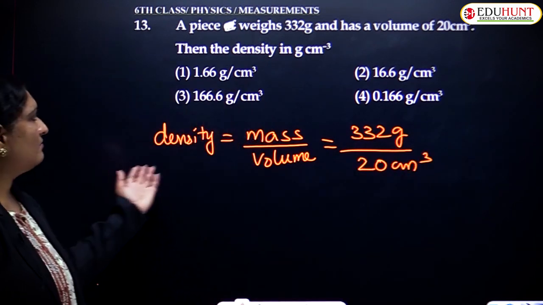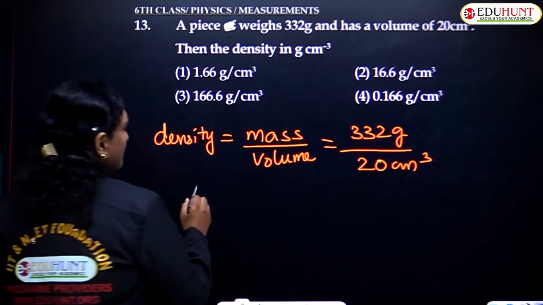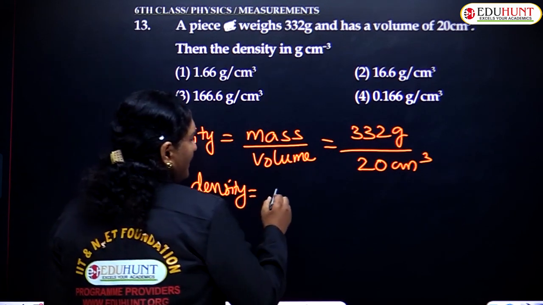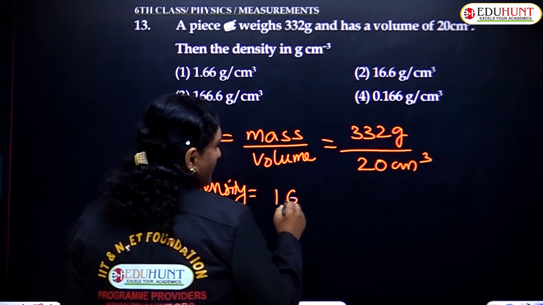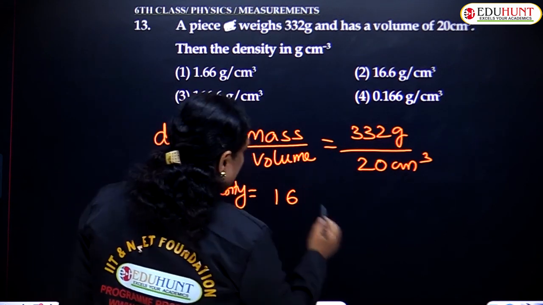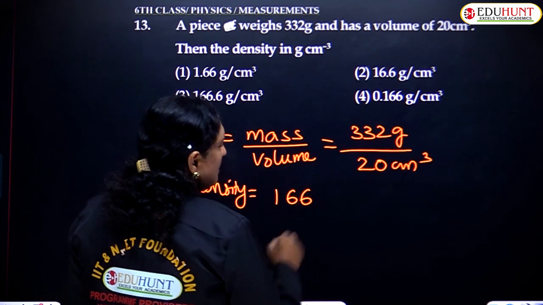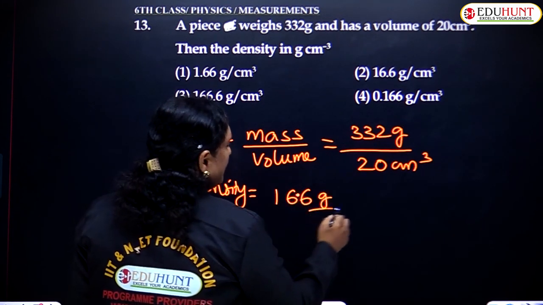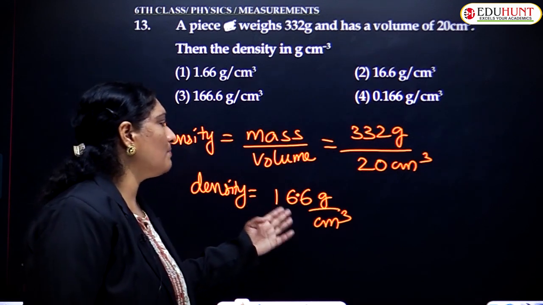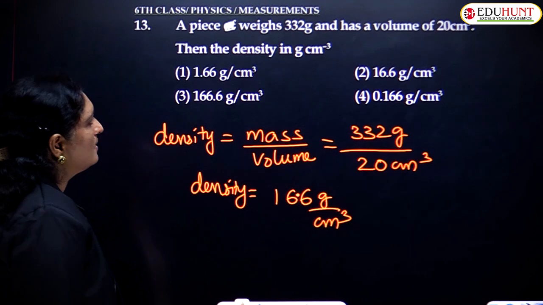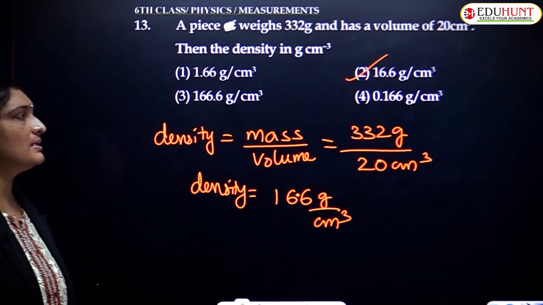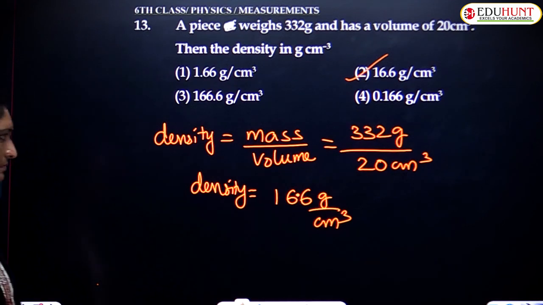So find out the density. Simplify it. Therefore, the density of the given piece will be 16.6 gram per centimeter cube. So 332 upon 20 is 16.6 gram per centimeter cube. So that is the correct answer.